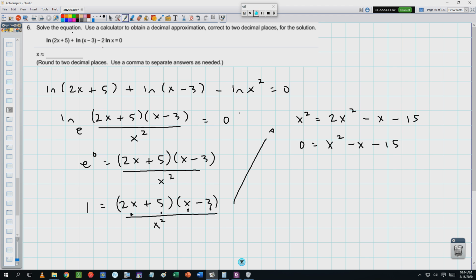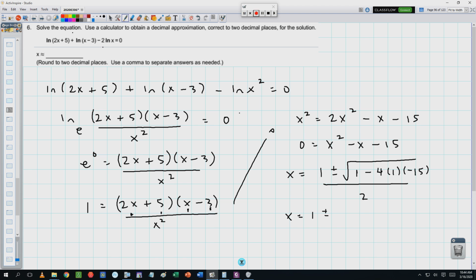And I'm going to, unfortunately, use the quadratic formula. x is equal to negative b, which would be a positive 1, plus or minus the square root of 1 squared minus 4 times a times c, all over 2a.